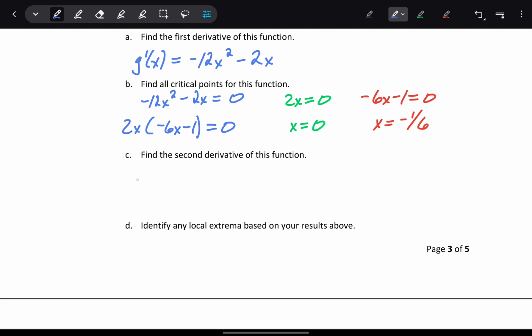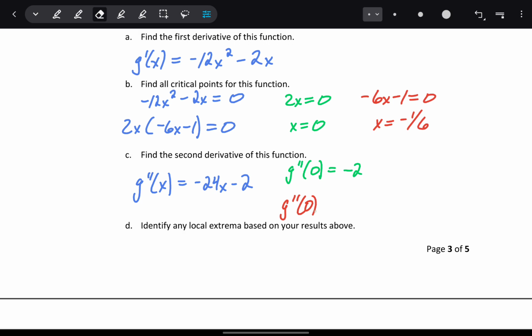And we'll do that using the second derivative test again, meaning we'll find the second derivative of our function, which will be negative 24x minus 2. Then we'll find g double prime of 0, which will end up being negative 2, and g double prime of negative 1/6, which will be negative 24 times negative 1/6 minus 2, or positive 2.